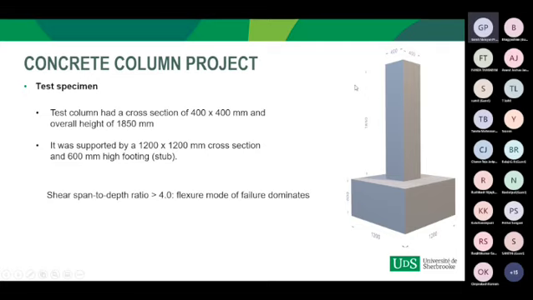In order to fail in flexural mode, the selected cross section was 400 by 400 millimeters with an overall height of 1850 and an effective height of 1650 millimeters. The column was supported by a stub of 1200 by 1200 millimeters, with a height of 600 millimeters.